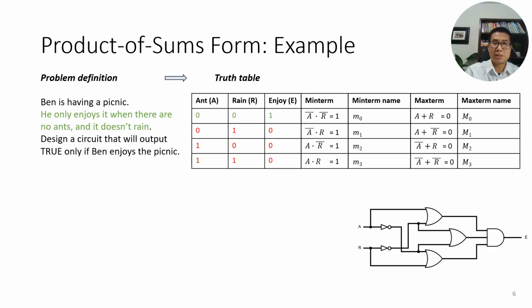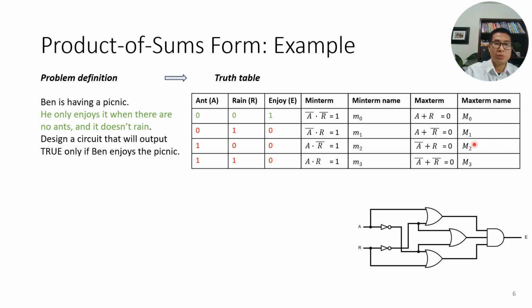Now this one is the same example as before. We have the specification, we build the truth table, we find the min terms and the max terms. Right now we'll see the max terms over here.